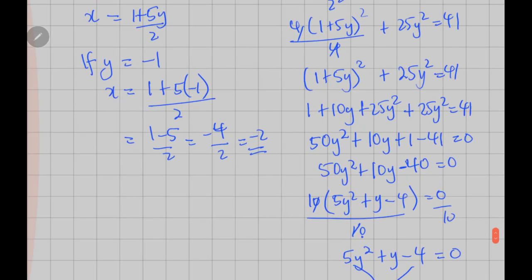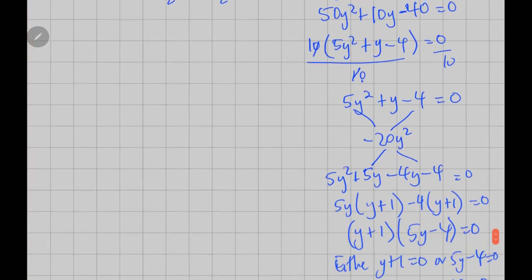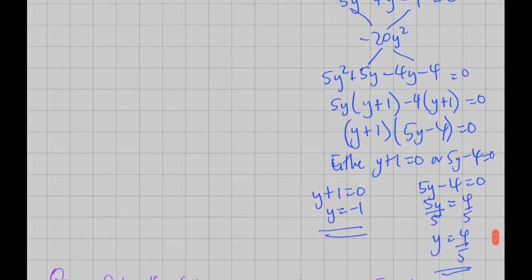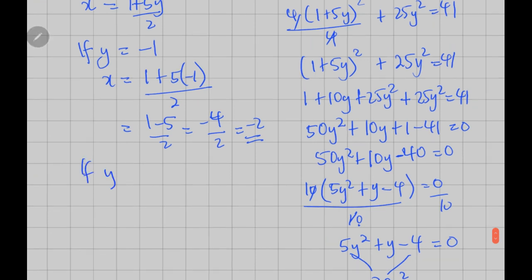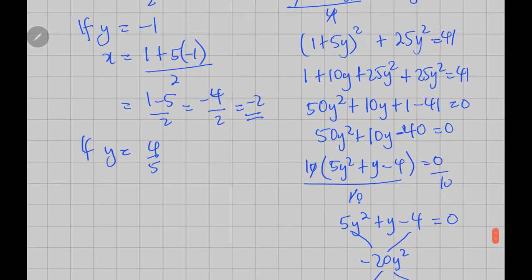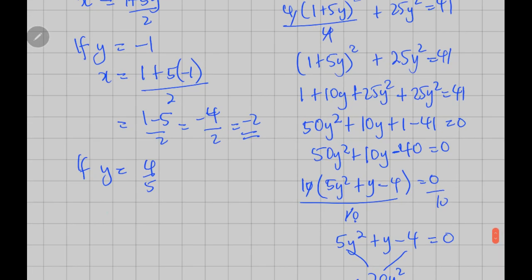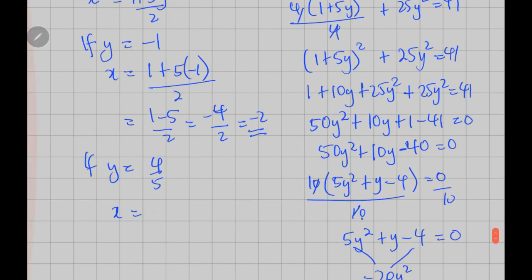And you go on to the next, which says if y is equal to 4 over 5, we need to find the value of x. So x is equal to (1 plus 5y) over 2.